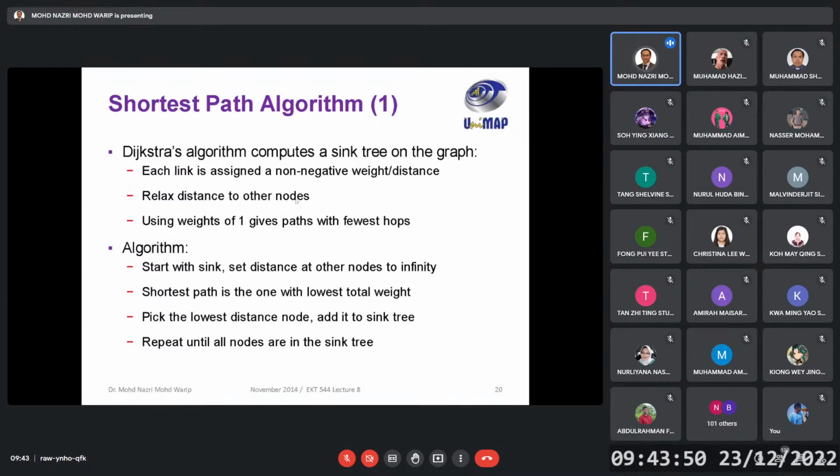Each link is assigned a non-negative weight or distance. Relating distance to other nodes using a weight of one gives paths with the fewest hops. So what does the algorithm do?